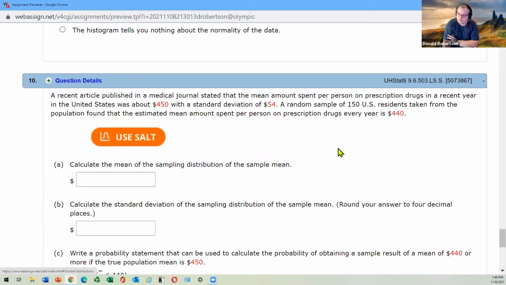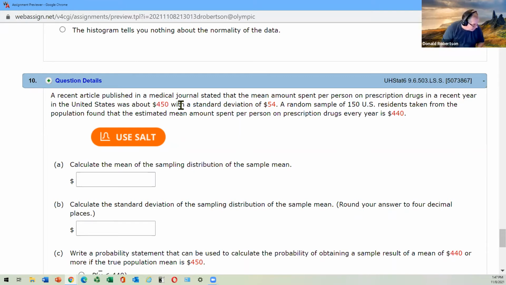And even have a little use of salt. So that's going to be a little bit different here. A recent article published in a medical journal stated that the mean amount spent per person on drug prescriptions was 450. So you've just told me, I'm writing this down because I need to find it, it's 450. And you've told me that the standard deviation is 54.